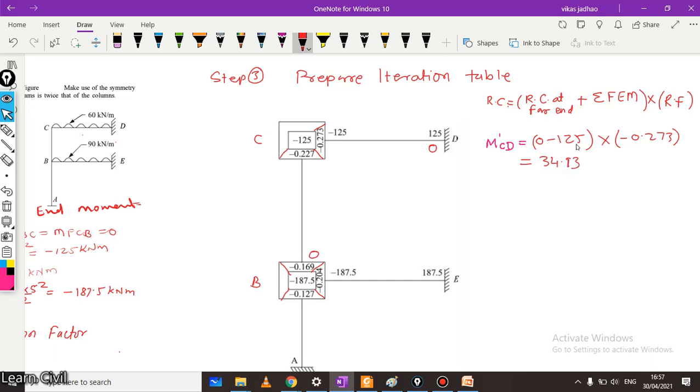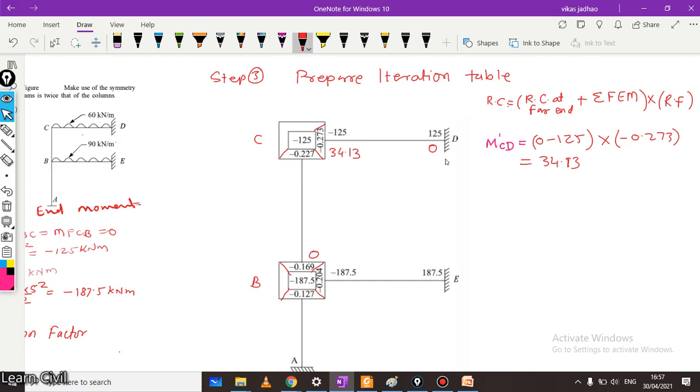You can also calculate this on your calculator, minus 125 into minus 0.273, which is 34.13. Just write down this value here.